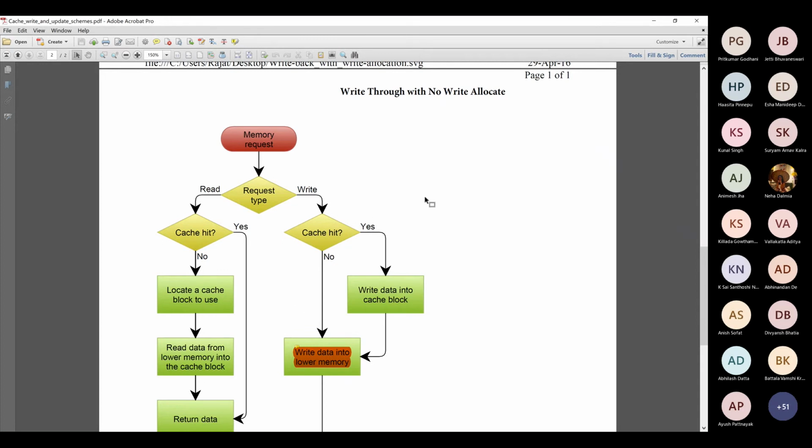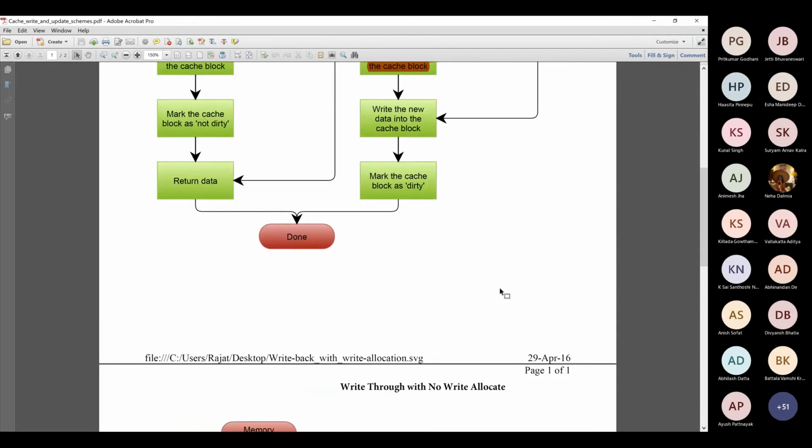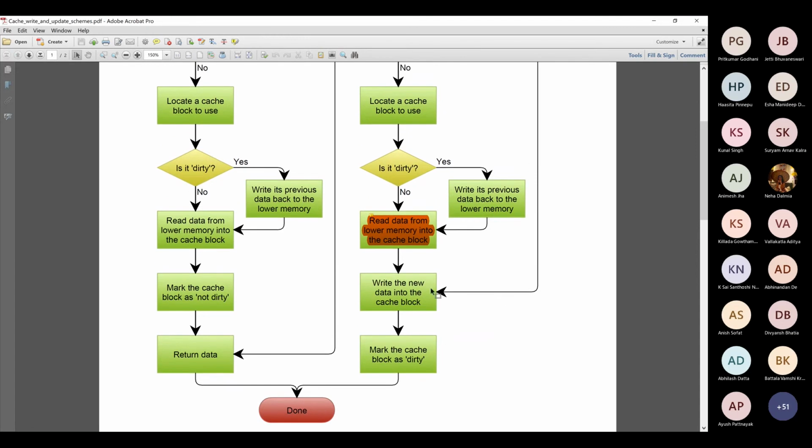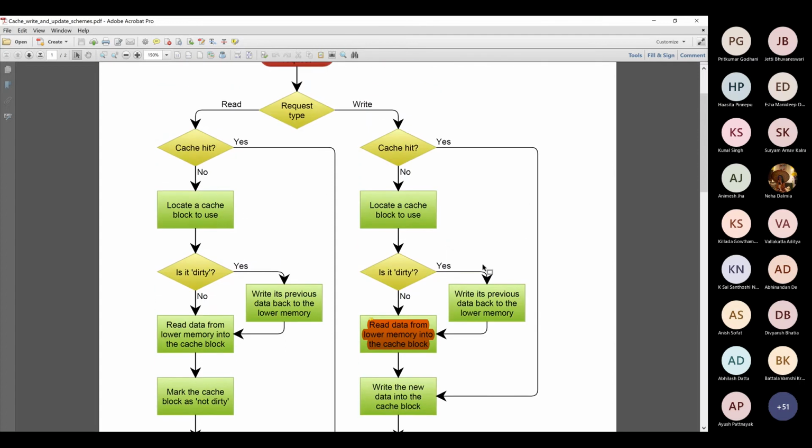So this side incurs a lot of overhead, but this does not incur any overhead. In the write back with write allocate, this does not incur much overhead.